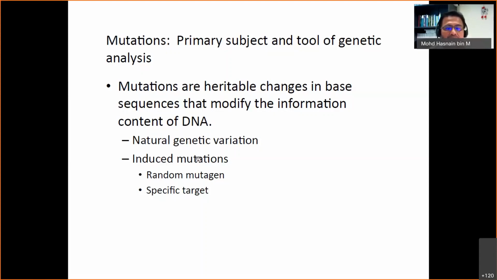Induced mutation is the one where you are exposed to any agents that can cause mutation. That is why it is mentioned here: random mutagen and also specific target. Certain mutagens cause mutation randomly, and certain mutagens can target specifically.